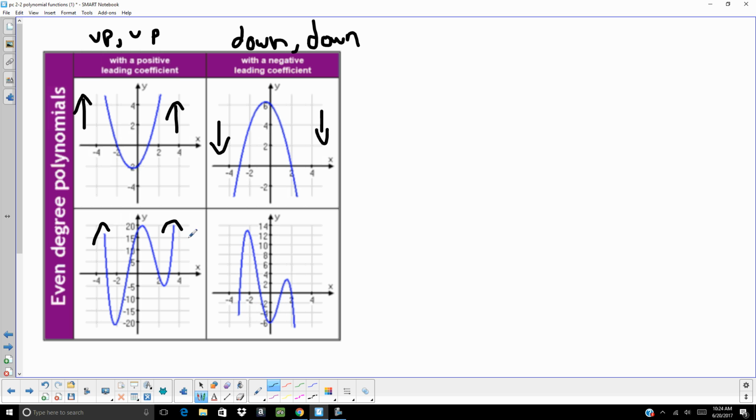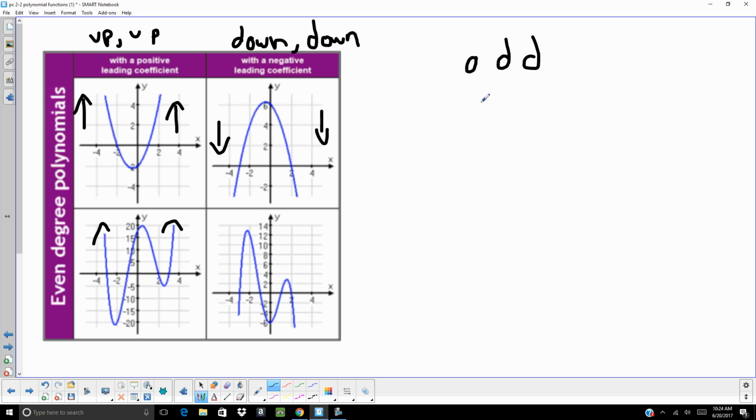Not sure where my odd degree went to, but if it were an odd degree, let's see if we can make that just a little bit better. Something must have gotten deleted there.